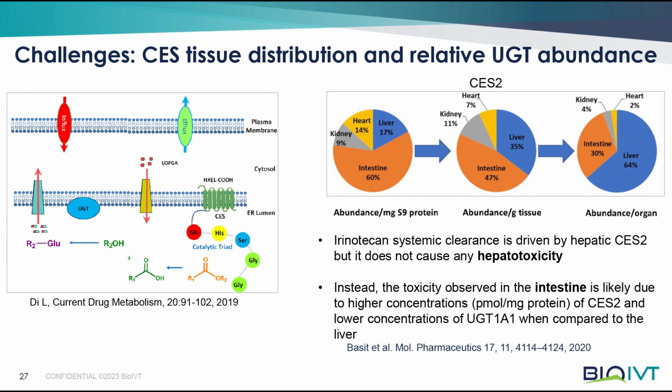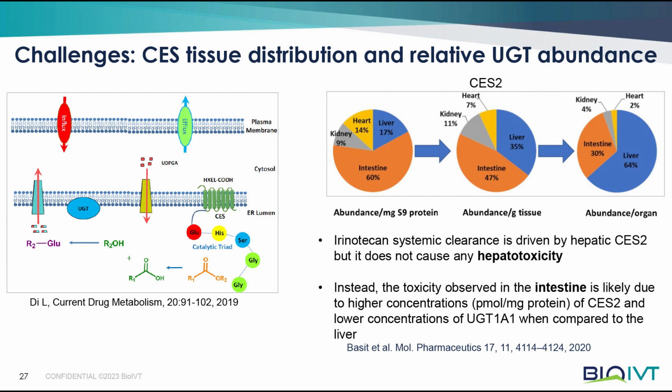And since irinotecan systemic clearance is driven mainly by carboxylesterase 2, and yet you don't see hepatotoxicity. But we know the well-known intestinal toxicity that you see with irinotecan, and that has mainly to do with SN38, which again is that alcohol that's the leaving group in that case, that causes the toxicity.